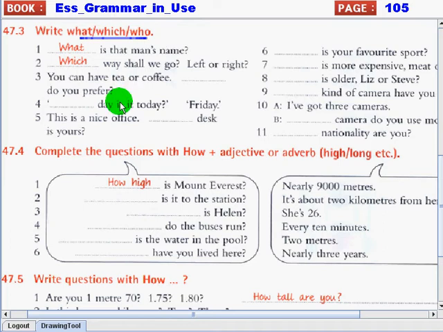Let us read number 1 as our example. What is that man's name? We use what if we want to know the exact name of something, things, object, or name of people, right? Next one, which. Which way shall we go, left or right?